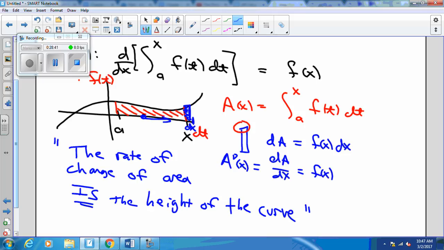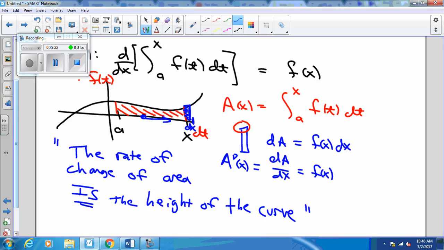No. If my curve is really close to the axis, so that I have small f values, I'm going to have to go a far distance to get a lot of area. But if my curve is really tall, I can go a short distance to get a lot of area.